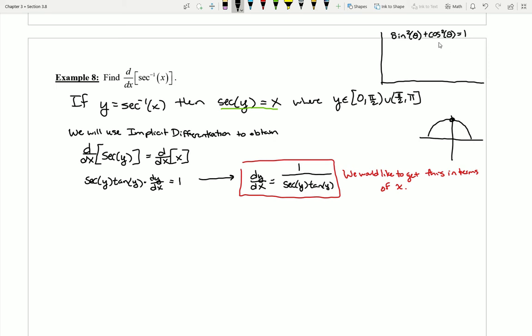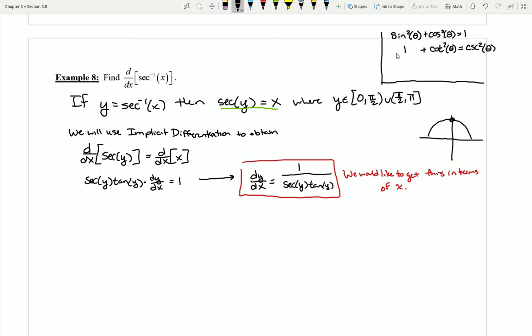This is really the primary one that you need to make sure you have dedicated to memory. Because if you know this one, you can generate many of the other identities that you need. Notice what would happen if I divided each side by sine squared. This would turn into a 1. Cosine squared over sine squared is a cotangent squared. And 1 over sine squared would be cosecant squared.